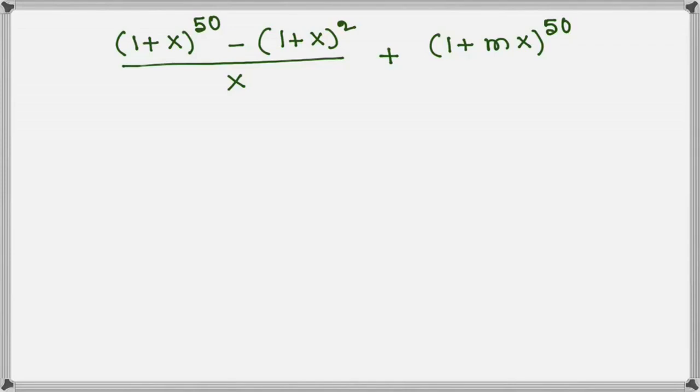So, the coefficient of x square will have contribution from the coefficient of x cube from the sum (1 plus x) whole to the power 50 and from the coefficient of x square of the sum (1 plus mx) whole to the power 50.